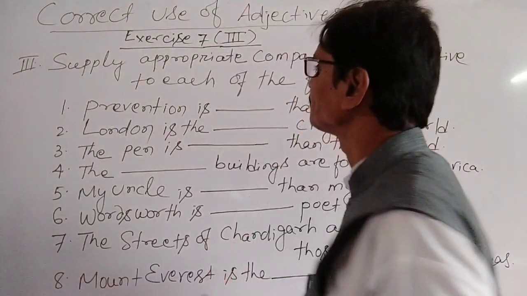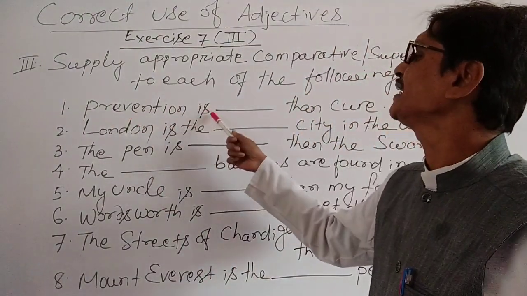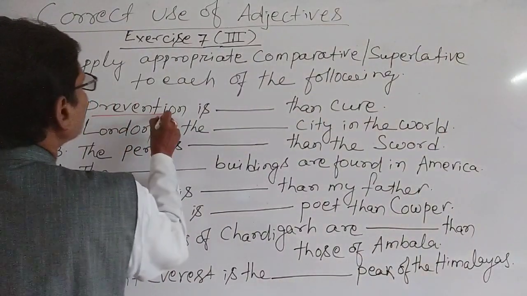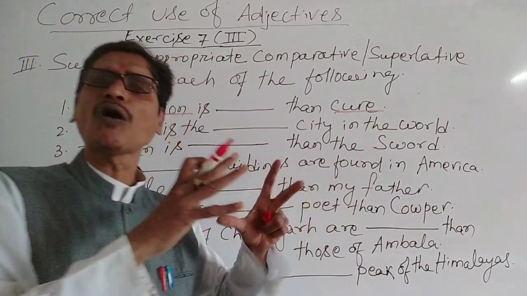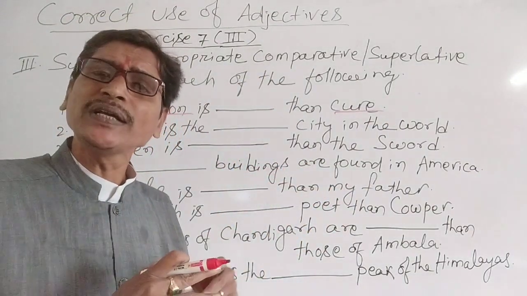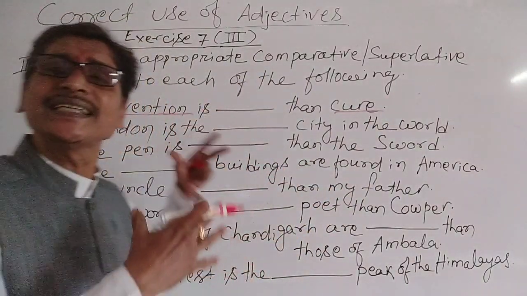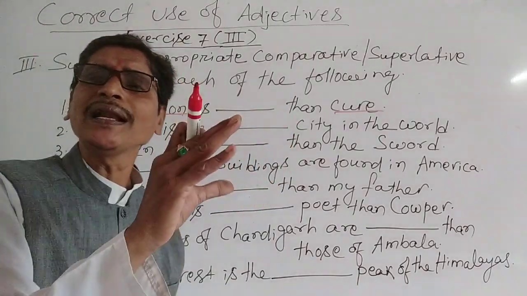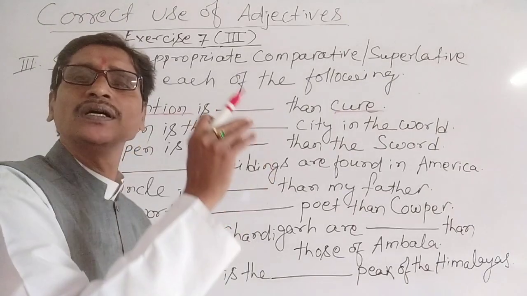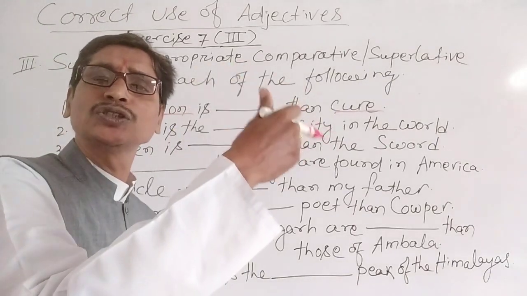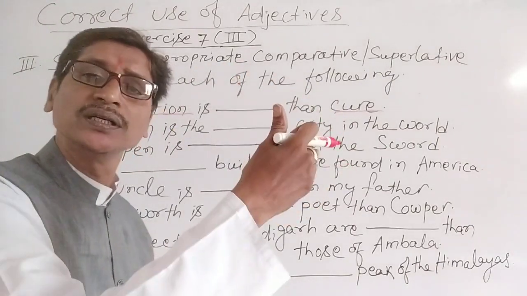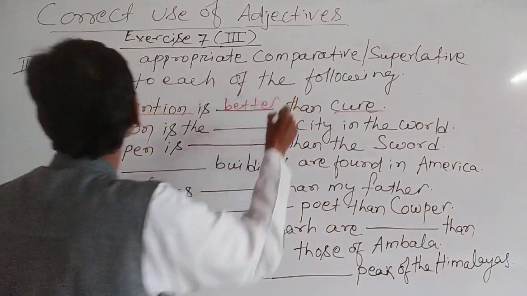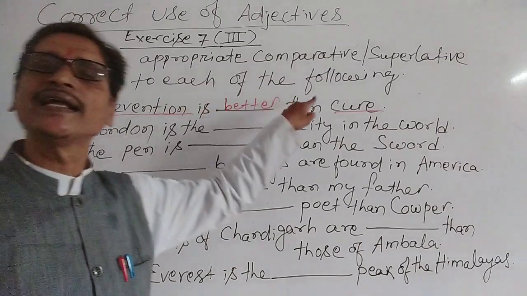Here you see, prevention is dash than cure. So here we are talking about prevention and cure, we are comparing. So when we are comparing, we can take a normal adjective, good, or the comparative degree of good. Then we can use better. Prevention is better than cure.